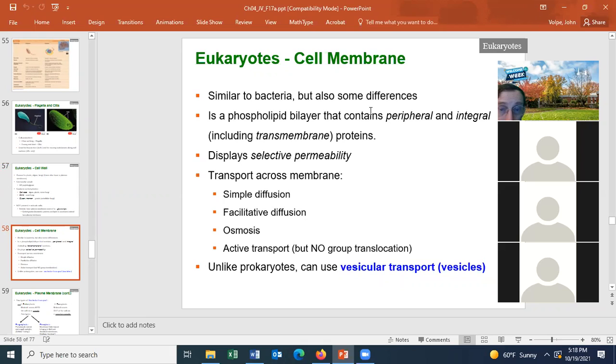However, eukaryotes do have another way of bringing material inside the cell or releasing material that prokaryotes do not have. And that is, eukaryotes can use vesicular transport, where they have a vesicle either fuse to the cell membrane and then open up and release the contents, or the cell can form a membrane around material outside of the cell and then bring it into the cell. Any question about any of that?